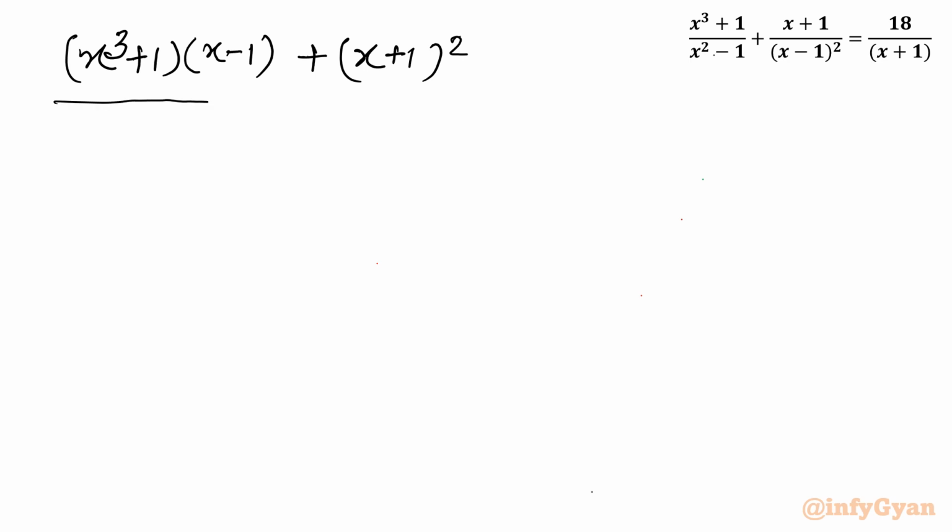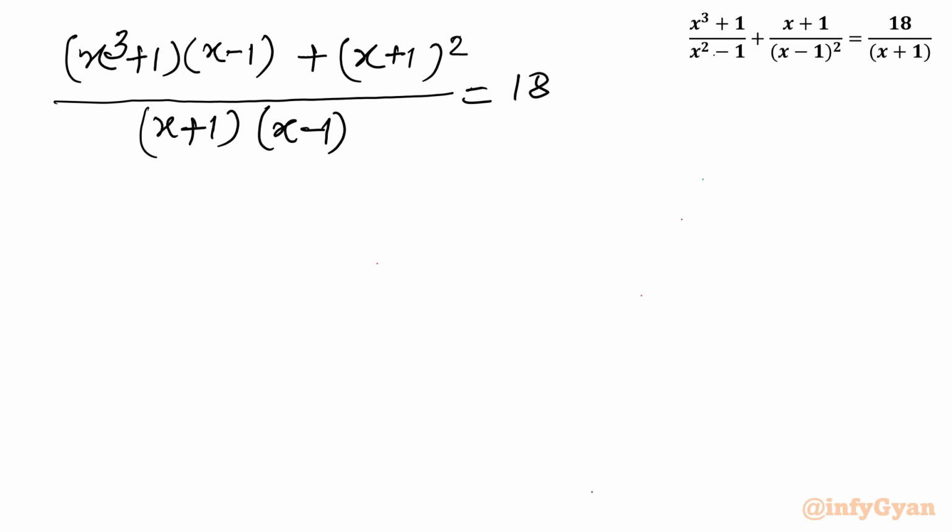This is our LHS numerator, and the denominator is (x + 1)(x - 1). And on the RHS we have 18(x - 1)/(x + 1). Now cancel whatever we can cancel, so the denominator x plus 1 will be cancelled out.